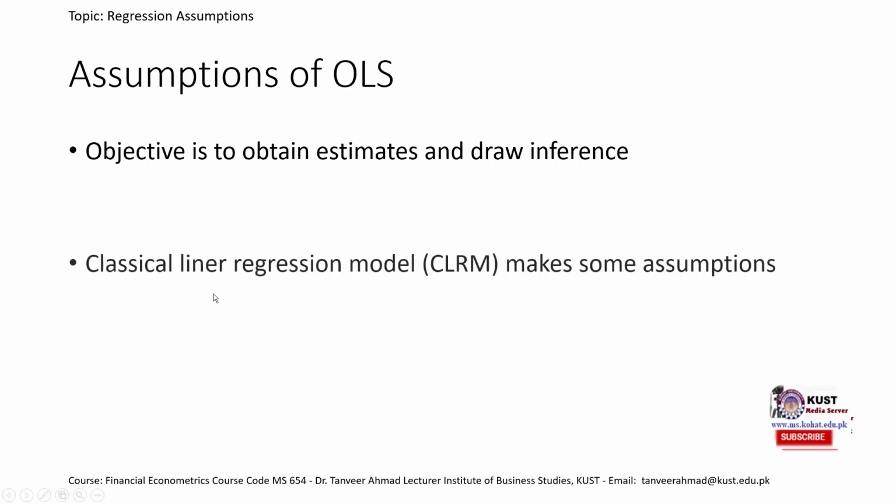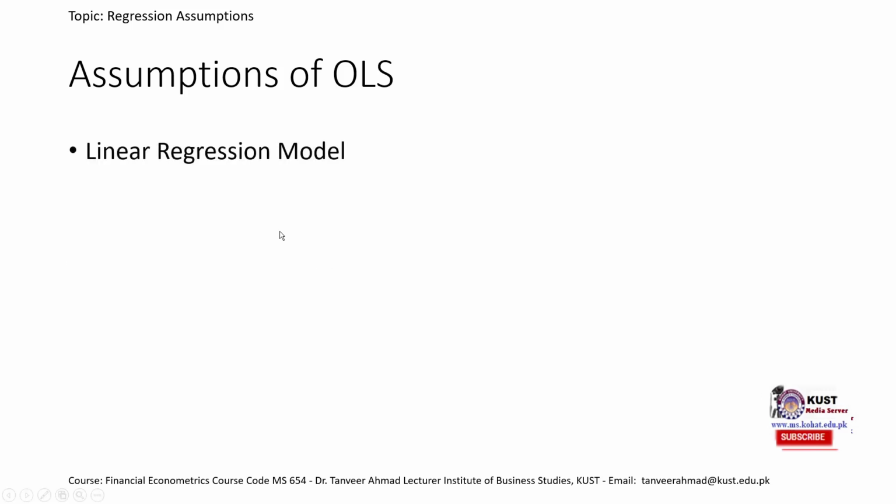So these basically are the classical linear regression model assumptions. Let's see what those assumptions are. The first one is the linear regression model. The model should be linear.